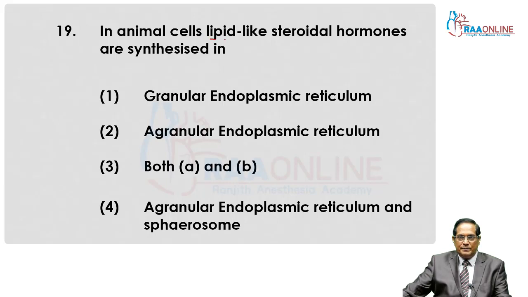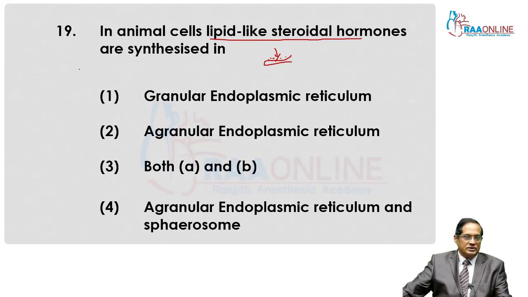Animal cell, lipid-like steroidal hormones. There are two types of ER. One ER on which ribosomes are present on their surface. They are called rough or granular ER. Because of the presence of these ribosomes, this type of ER is mainly found in cells involved in protein synthesis.